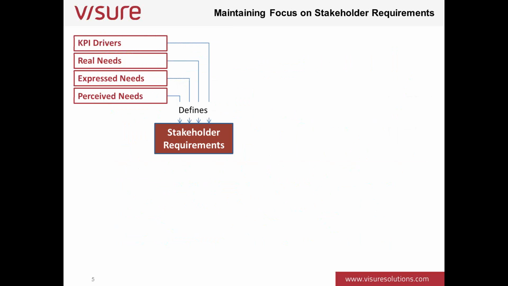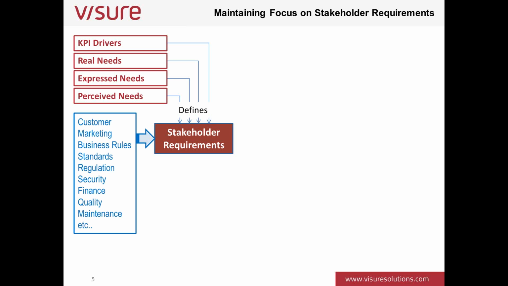So let's look at maintaining focus. It's about maintaining focus on the stakeholder requirements. Well, before we talk about the drivers and the needs, who are the stakeholders? Typically, from my own experience and from our experience, stakeholders come in many shapes, sizes, and angles. So here you've got, very often, your most important stakeholder, because obviously you need them to buy into the product that you're developing or manufacturing.